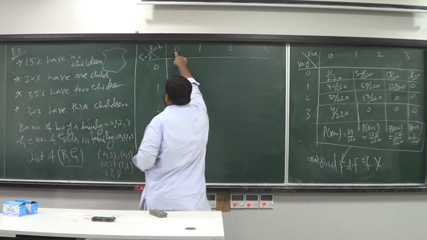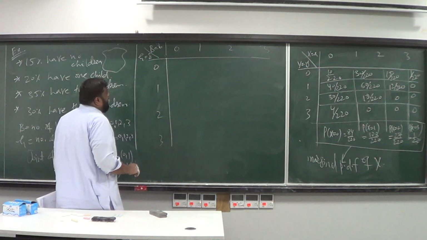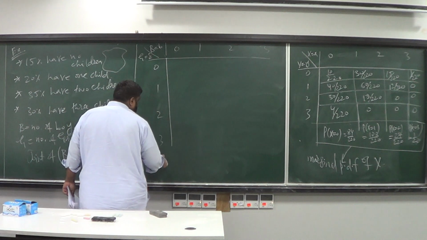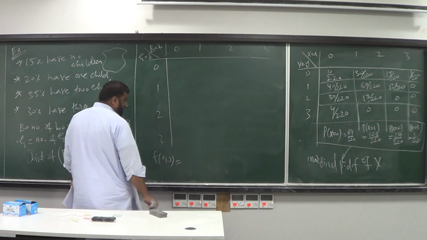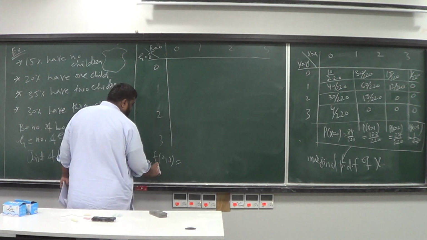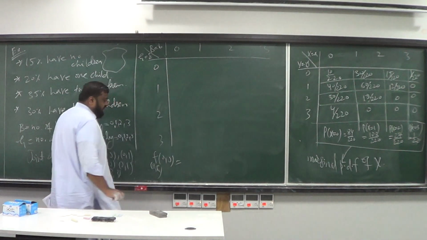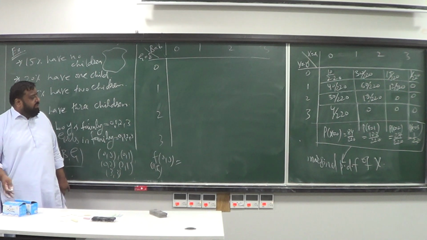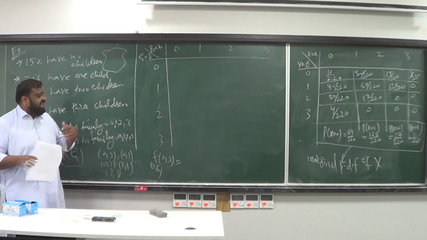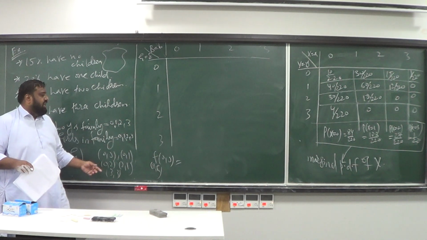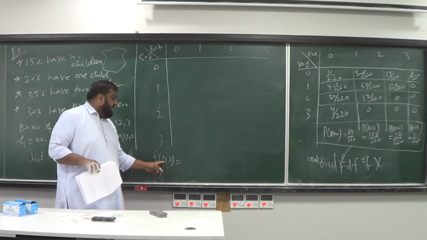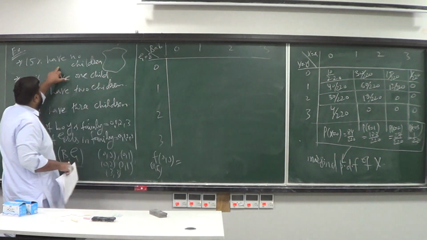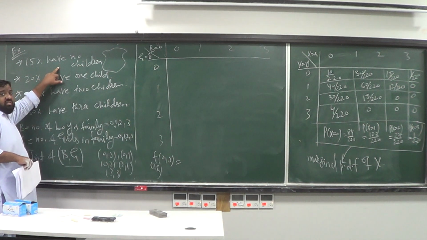So what is the first component? In other words, what is the probability? The first component is f of (0, 0). Obviously f depends on b and g. F of (0, 0) means what is the probability that a randomly chosen family has no boy and no girl, no kid.